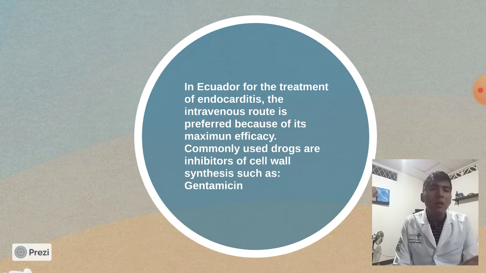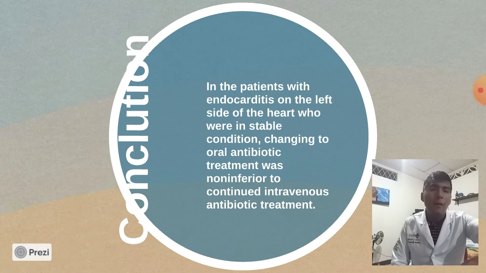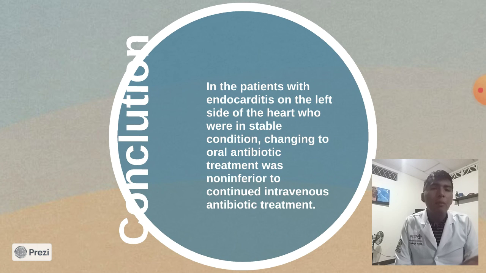Commonly used drugs are inhibitors of cell wall synthesis, such as gentamicin, rifampicin, and other medications. In conclusion, in the patient with left-sided endocarditis in stable condition, changing to oral antibiotic treatment was not inferior to continuous intravenous antibiotic treatment.